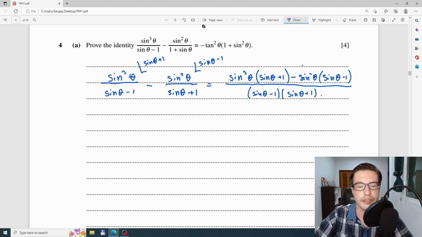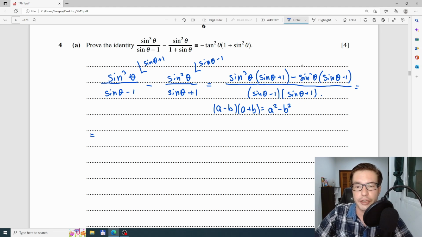And that's the reason why I decided to write 1 plus sine theta in a different order, because I want to use the formula a minus b times a plus b equals a squared minus b squared, which is hopefully going to make my calculations a little bit easier.